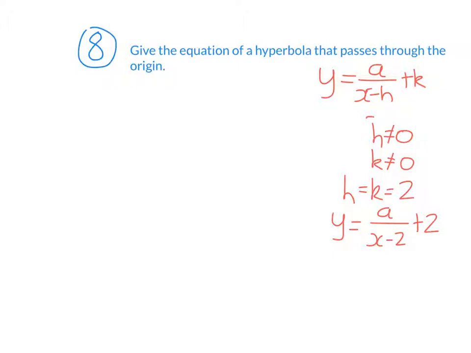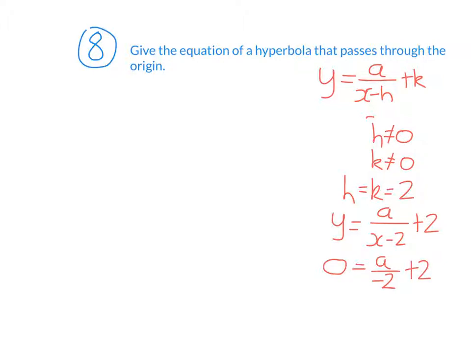I know that this passes through the origin. To find a, I'm going to substitute y for 0 and x for 0. That will leave me with one equation with one variable, which will be easy to solve. So I have y is equal to a over x, which is 0 minus 2, plus 2.